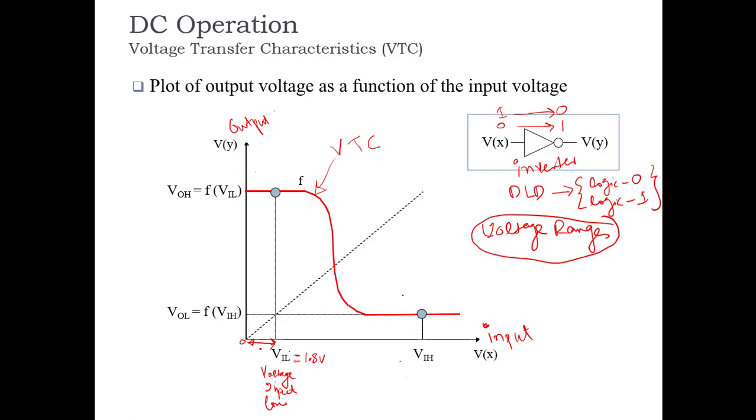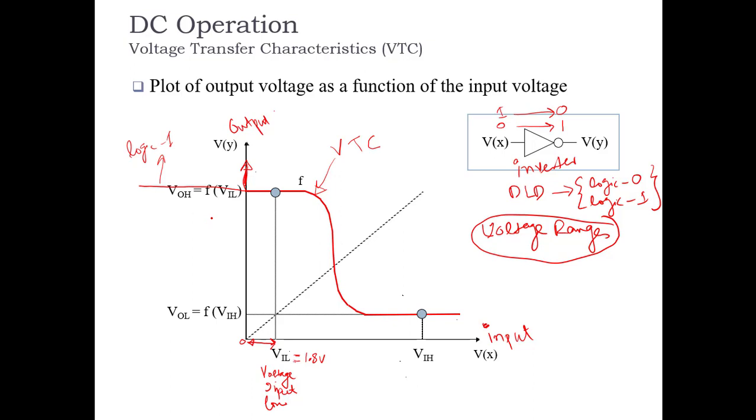Okay, so the NOT gate will produce an output, and that output should be logic 1. So the region for logic 1 is this one. Anything above this is logic 1.